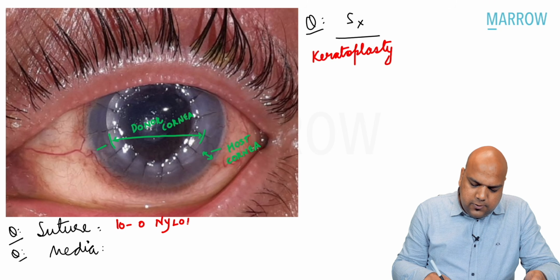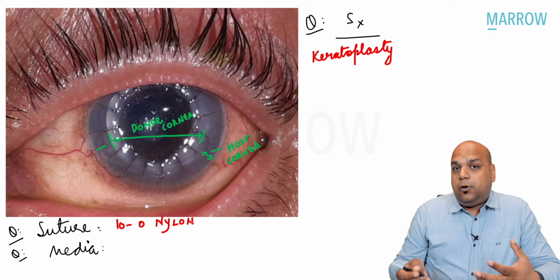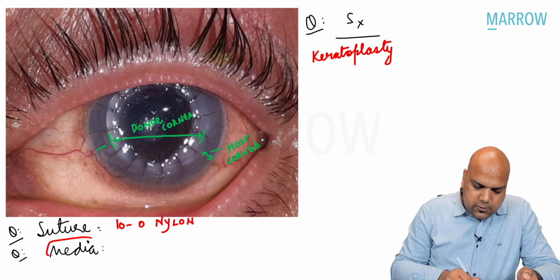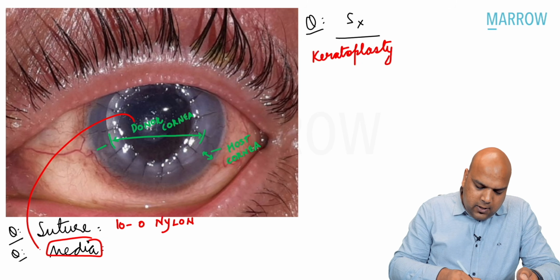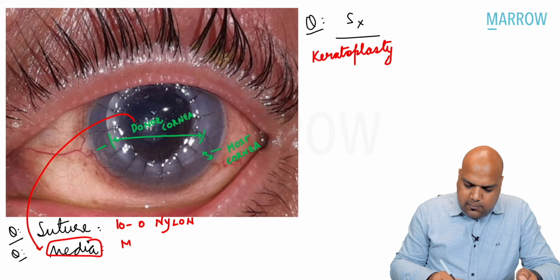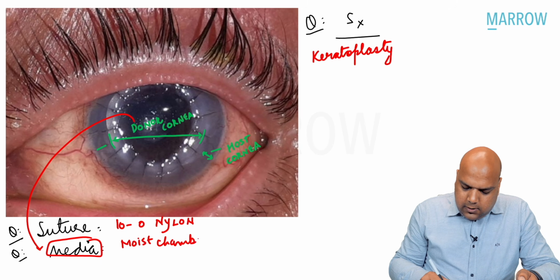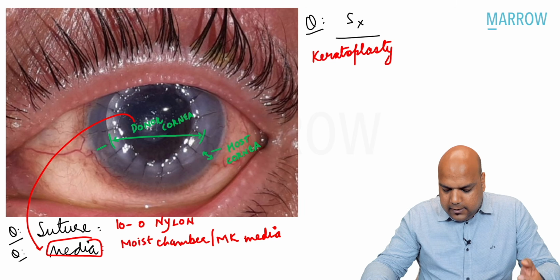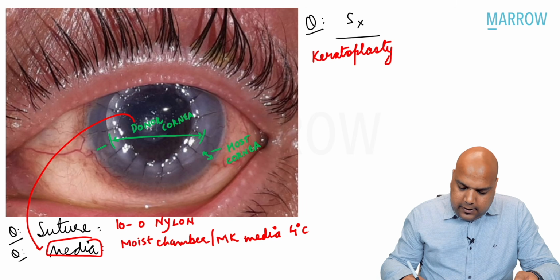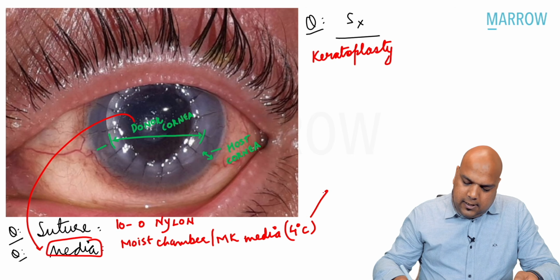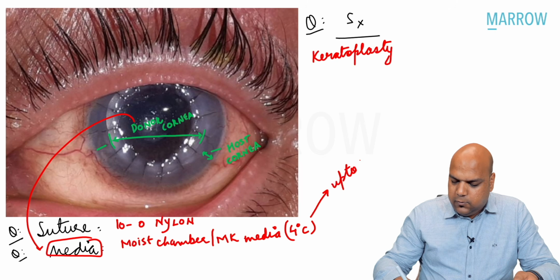It's a non-absorbable suture, and the media used for storage and transport of donor cornea is either a moist chamber or MK media, McCarey-Kaufman media, and both these are maintained at 4 degrees Celsius, and these are up to 72 hours storage.